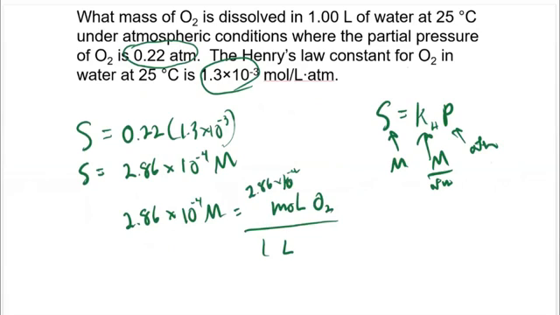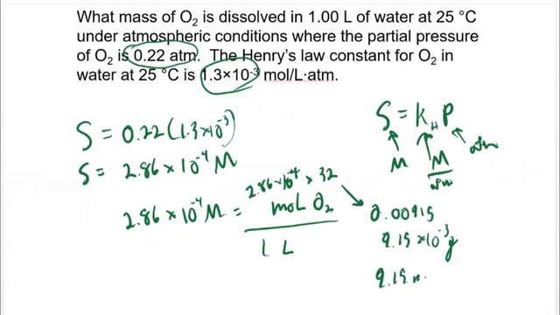Excuse my handwriting there. So from this, we know the molar mass of O2, which is 32. You can multiply by 32, which would give you the mass of oxygen. Should be 0.00915 or 9.15 times 10 to the negative third grams, or 9.15 milligrams, however you want to write it.